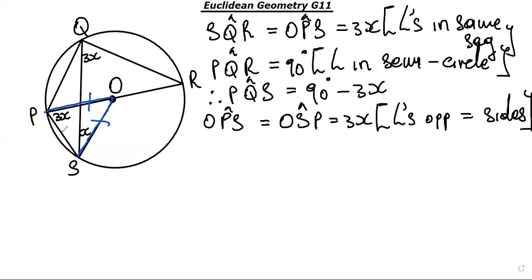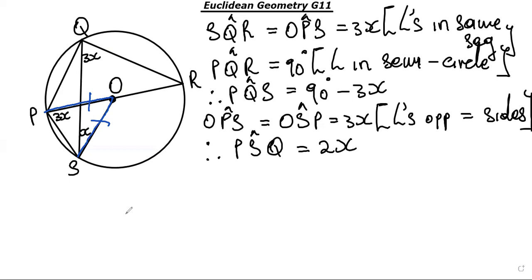But if we know that the whole of this is 3x, and we know that this one is x, then it stands to reason that PSQ is equal to 2x. Do you see that? It's the same way as we dealt with the previous one. So we can conclude and say, therefore, angle PSQ will just be equal to 2x.